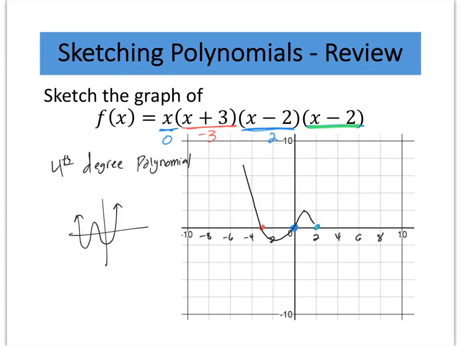Instead of going back through, it's just going to touch and rebound. So right at this spot right here, notice it's not going through, it's just touching and going back up. That's because there's 2 roots at the same point. The root x is 2 and x is 2 here that make those pieces 0. So this is one of those special cases where if it doesn't go through, it's just going to rebound.